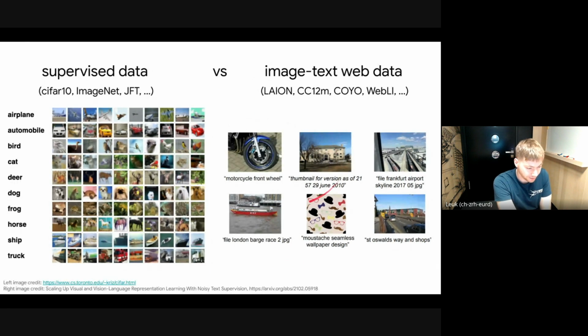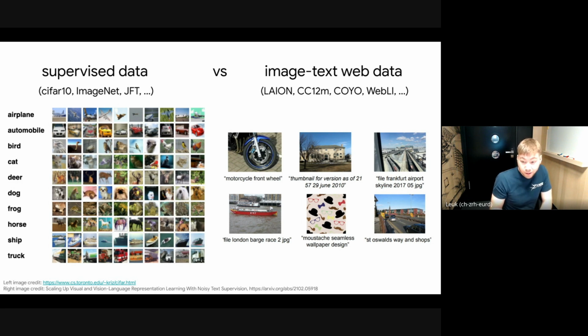Versus what CLIP and ALIGN can train on, which is just random image-text pairs from the internet, which can be much, much worse, like this one. This is just crap, image and thumbnail for version, blah, blah, blah. It doesn't say anything about the image. Or it can be quite precise, like here, motorcycle front wheel, right? Or this Frankfurt airport skyline, and then the date, okay, I don't know. But these are things that are more detailed than any classes anybody would come up with when they just think about the list of classes.